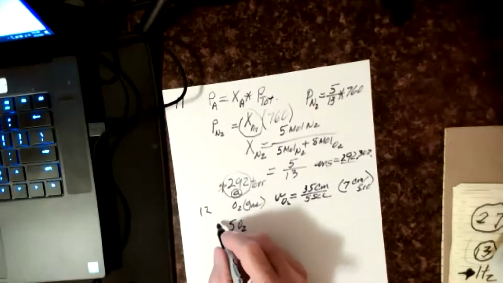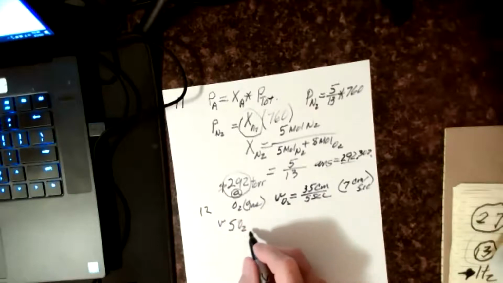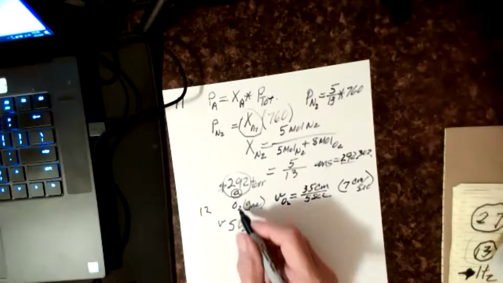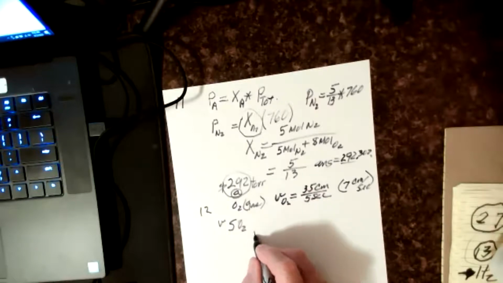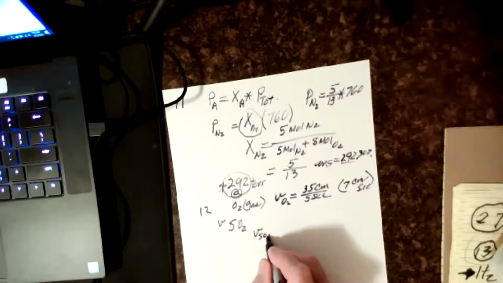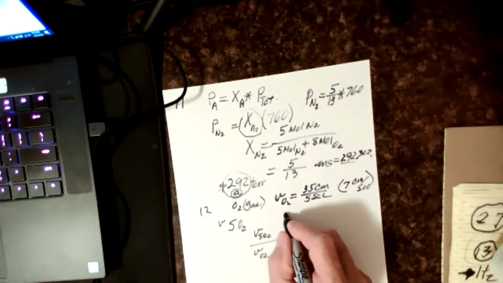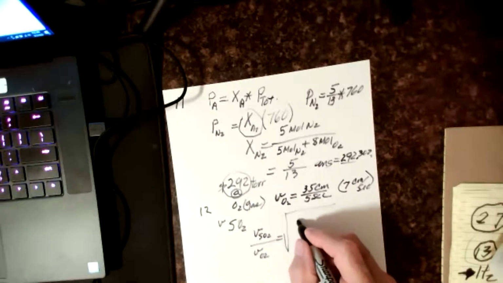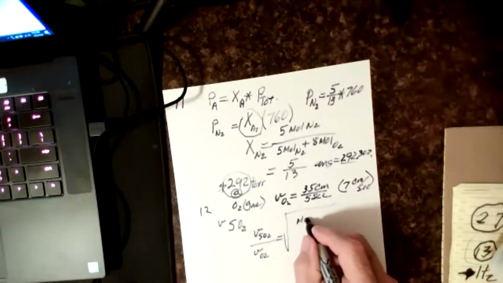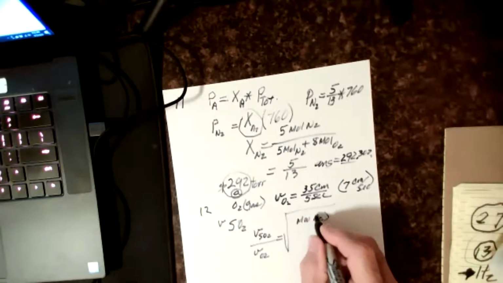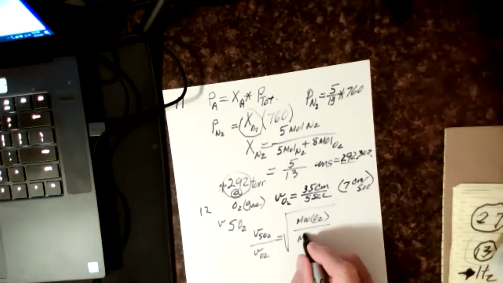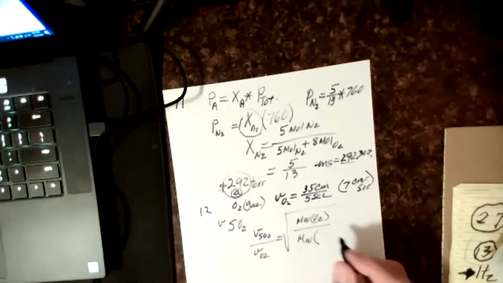And if I want the velocity of the SO2 gas, then I can do it by Graham's law, because it says the velocity of the SO2 divided by the velocity of O2 would be the square root of the molecular weight of O2 divided by the molecular weight of the SO2.